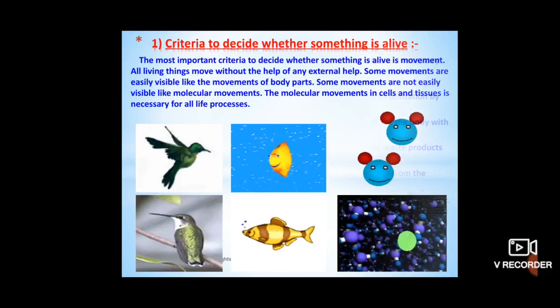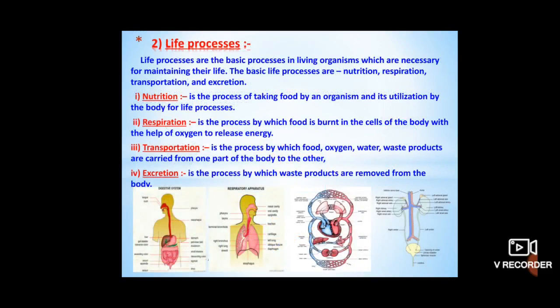Basically, there are major life process activities. Already we know the five life process activities: nutrition, respiration, transportation, excretion, and the last one is reproduction. These are the five major life process activities that are held in each and every living organism.